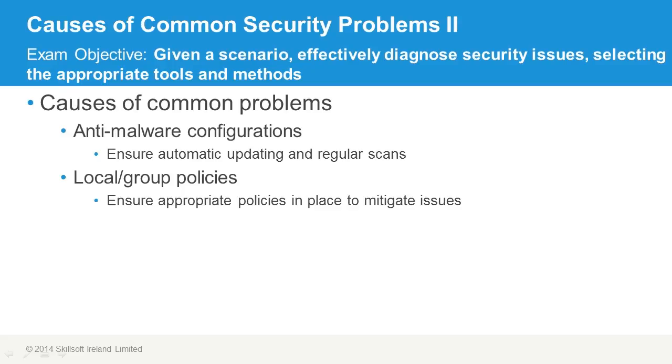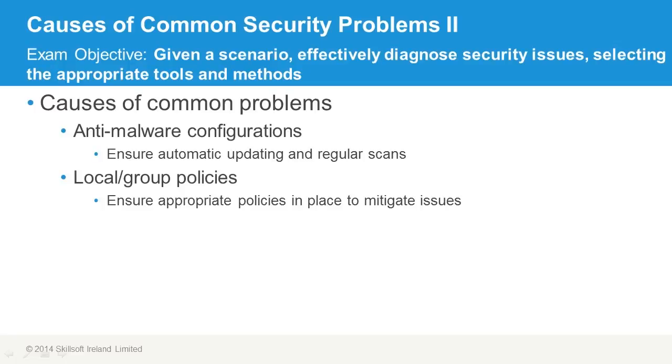Now, with local and/or group policies in a Windows environment, ensuring that the appropriate policies are in place is critical to mitigate some of these issues. In almost all cases, policies are used to control and restrict the desktop environment so that users simply cannot corrupt software or make configuration changes that will result in problems with the system. But if they aren't receiving the policies, then clearly they're going to be able to do those things.